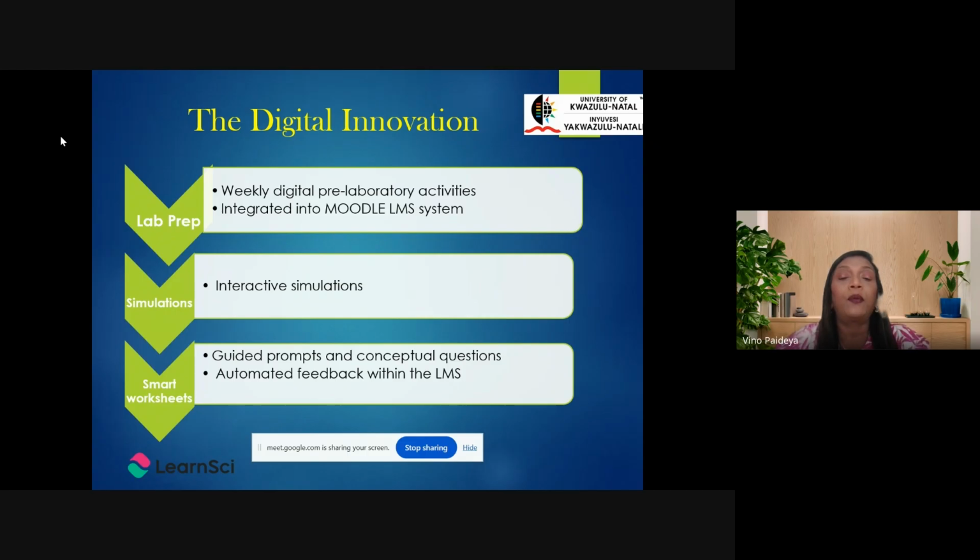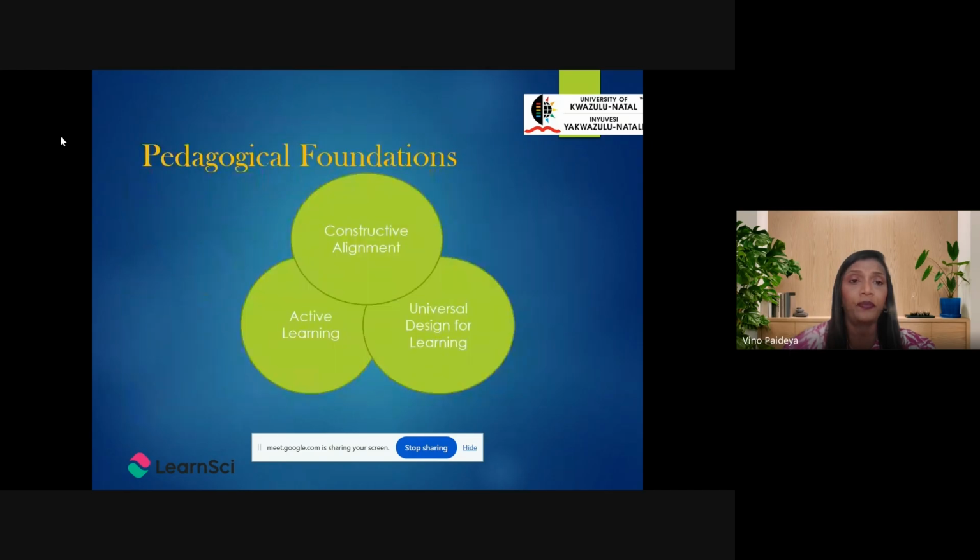And I will show you these in a little while, and they have automated feedback to actually help the students along in their pre-lab exercises. The pre-labs built on the foundations of constructive alignment, active learning, and the universal design for learning.